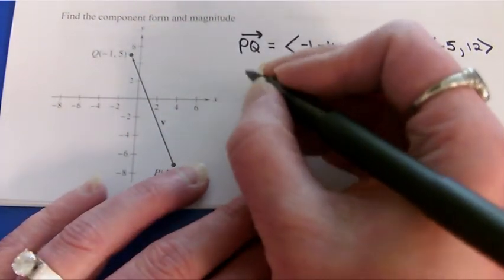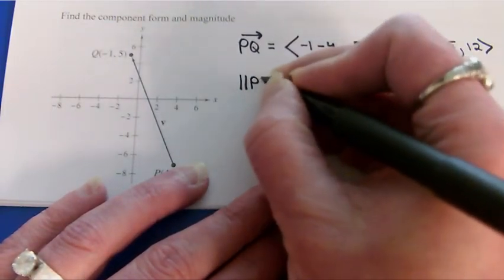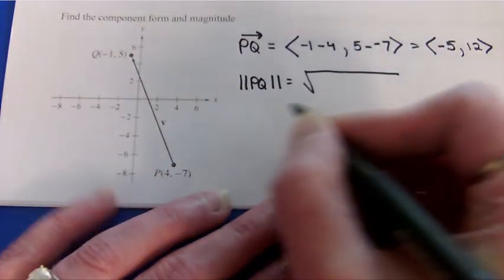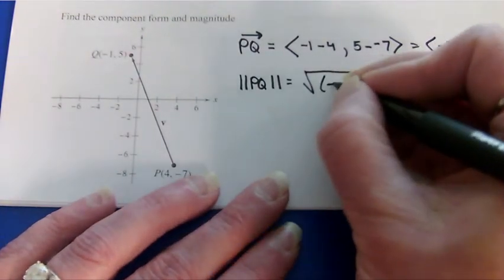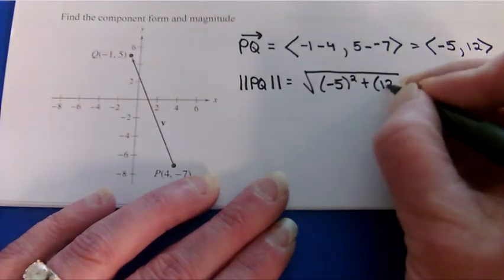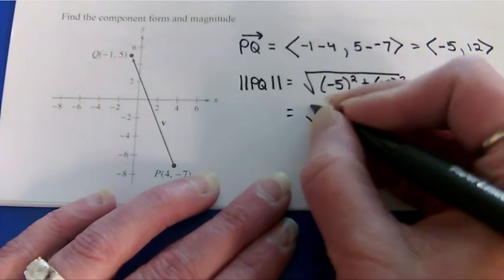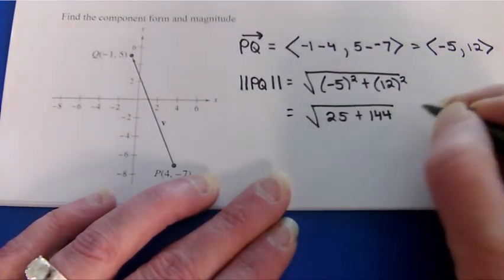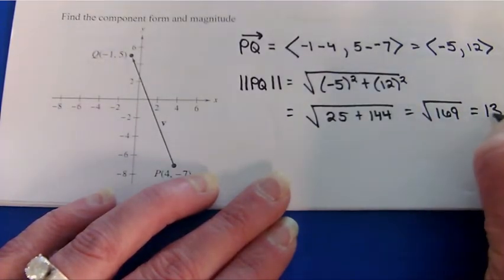Now the magnitude of that would be the square root of the change in the x's, which is -5, squared, plus the change in the y's, squared. That's 25 plus 144. It's the square root of 169, which is 13.